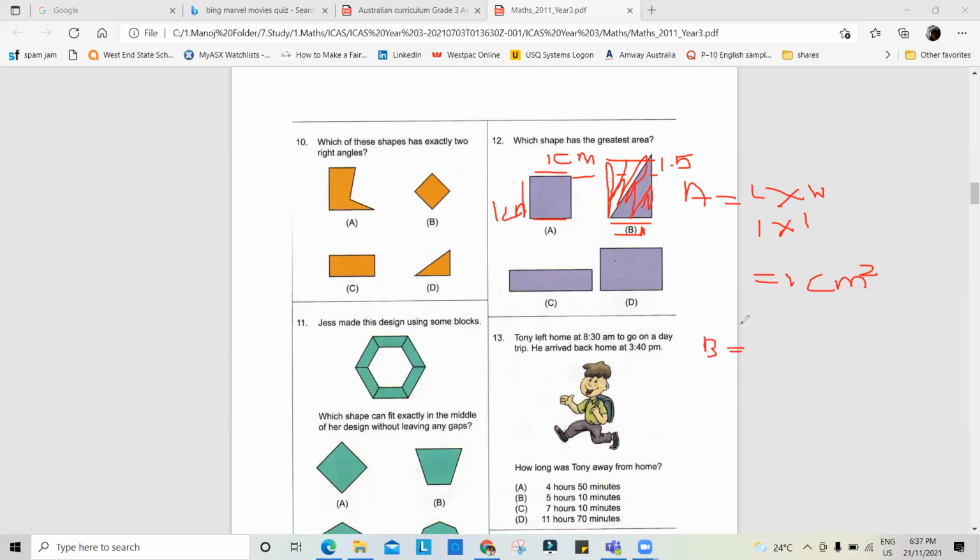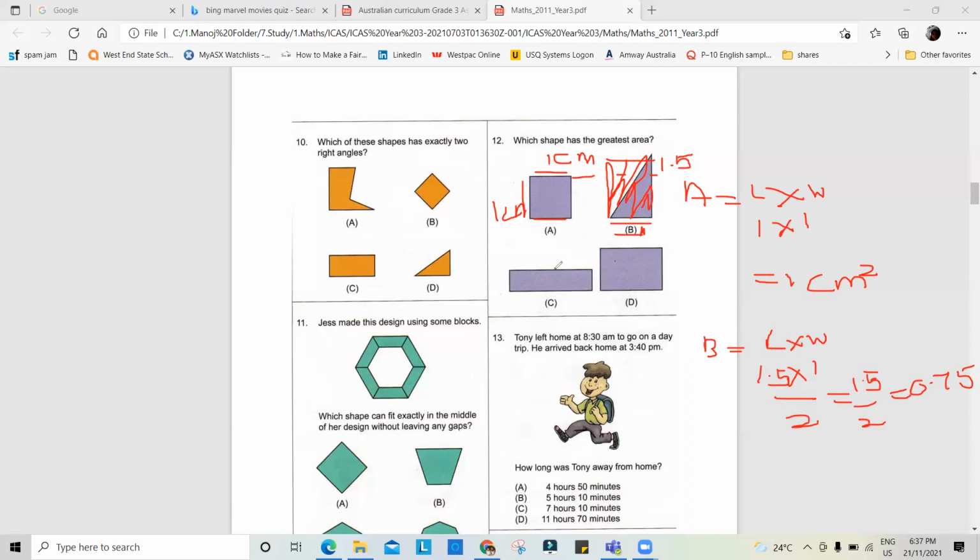Now it will be length multiplied by width. Now this width is 1, and this length is 1.5. And after that, because this is a half, we divide by 2. Now 1.5 divided by 2, that is 0.75. B is lesser than A.